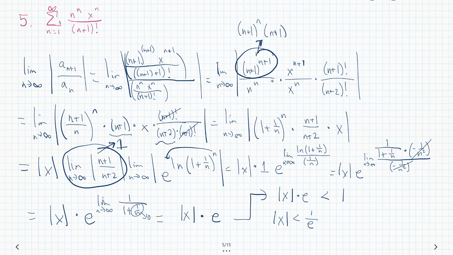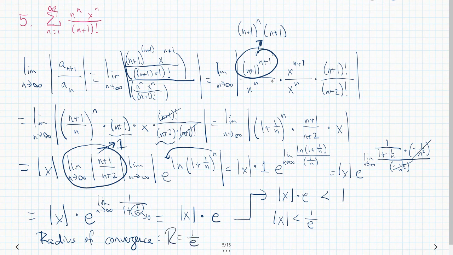I mean, maybe that's just me, but it's really kind of nuts where an e can get involved in your radius of convergence. So what we have is our final answer. I'm sorry for running out of room here, but the radius of convergence will be equal to one over e.